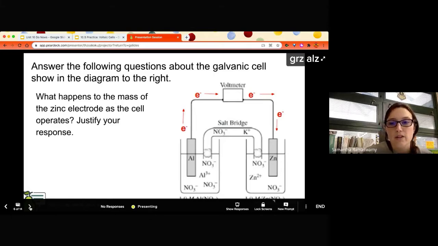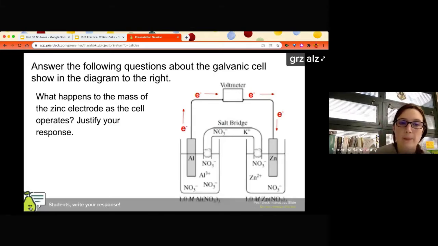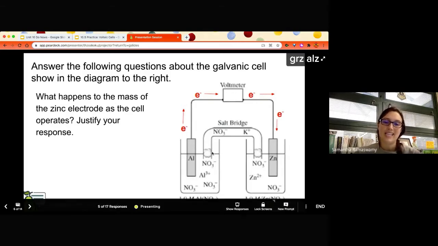So here's another. This is the same picture, but now this is asking you what happens to the mass of the zinc electrode as the cell operates. And it says justify your response. So this is what we talked about in the do now. In a galvanic or a voltaic cell, over time, some things happen to the electrodes. So we just said that aluminum is the anode.